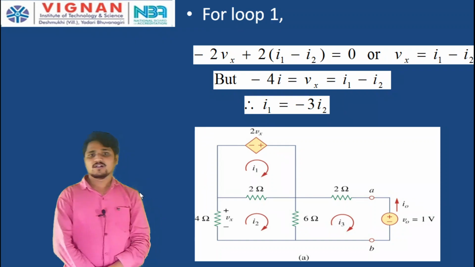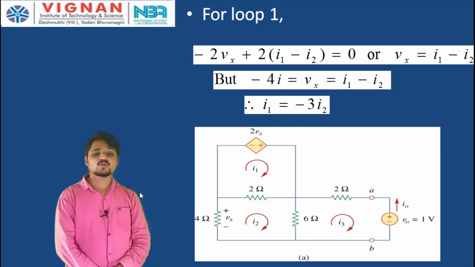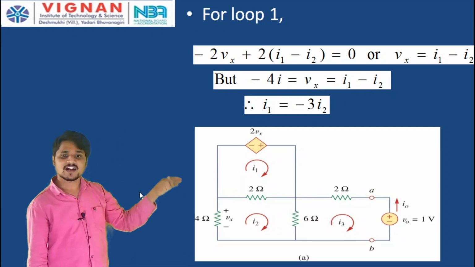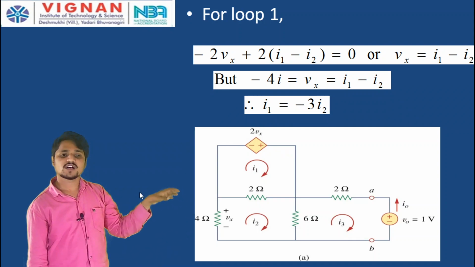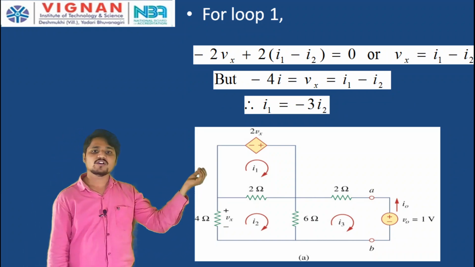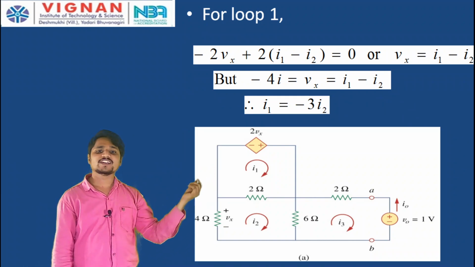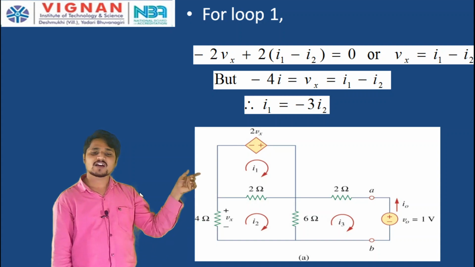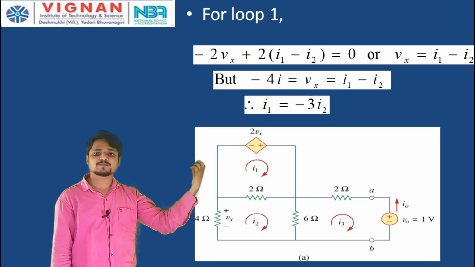But what is the Vx value? The voltage across the 4 ohm resistor, according to Ohm's law, the voltage across any resistor is equal to the product of the current flowing through the resistor and the resistance. So, here Vx is equal to minus 4 into I, because current is coming in the clockwise direction, but the voltage polarity is plus minus.